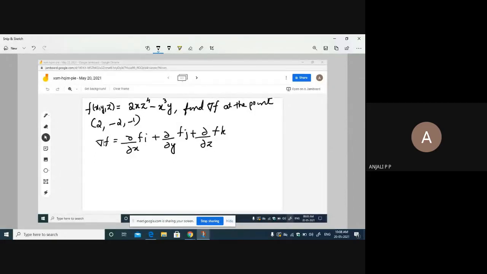Anjita, present, ma'am. Anujit, present, ma'am. Anurag, present, ma'am. Arunima, present, ma'am. Ashbin, present, ma'am. Ashwand, present, ma'am.